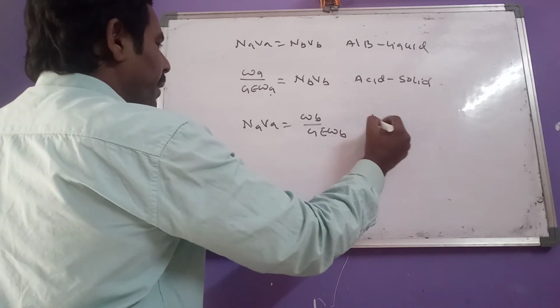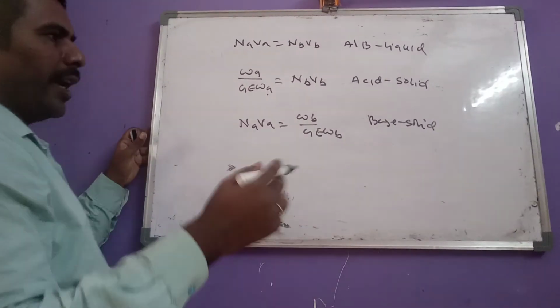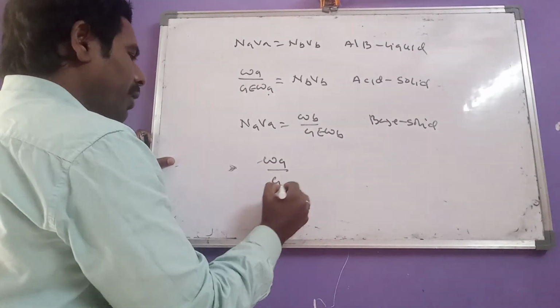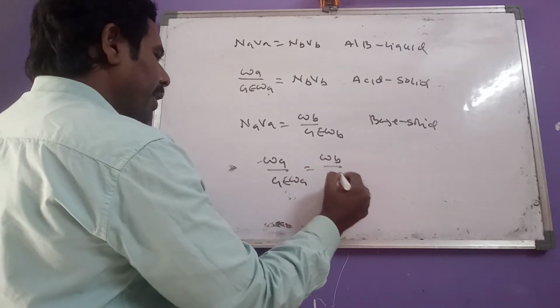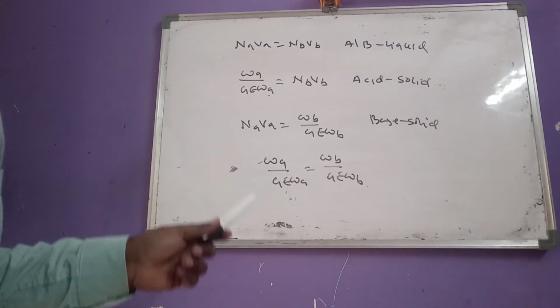If both acid and base are present in solid state, Wa by GeWa equals Wb by GeWb. So you have to remember these formulas.